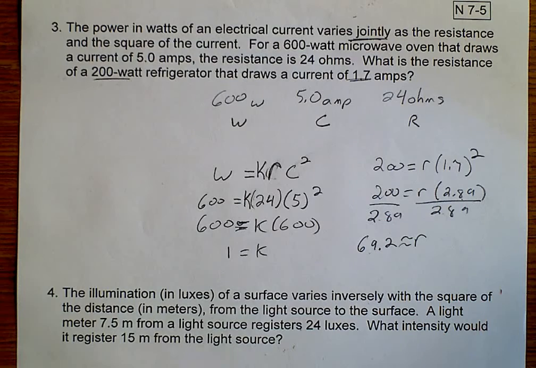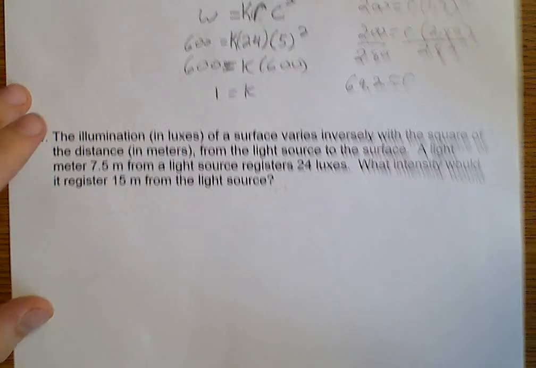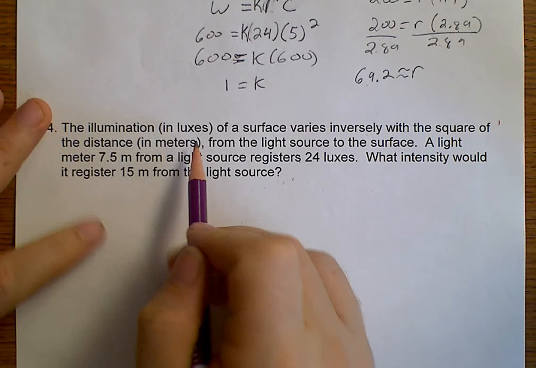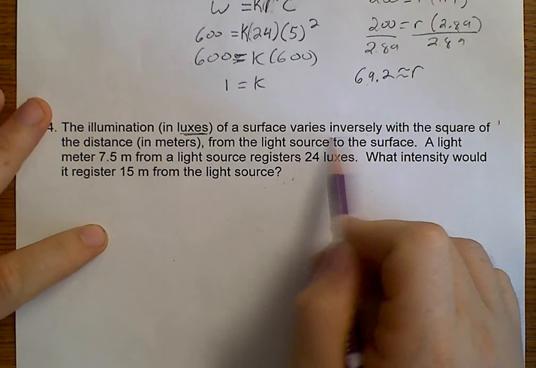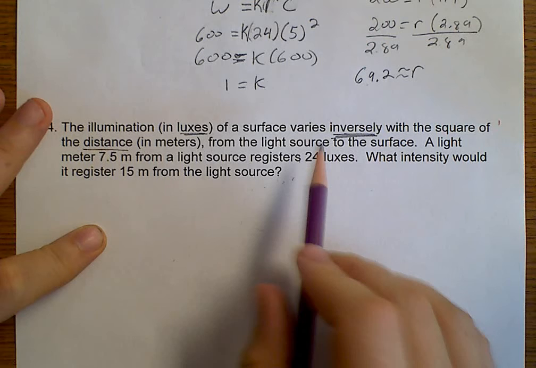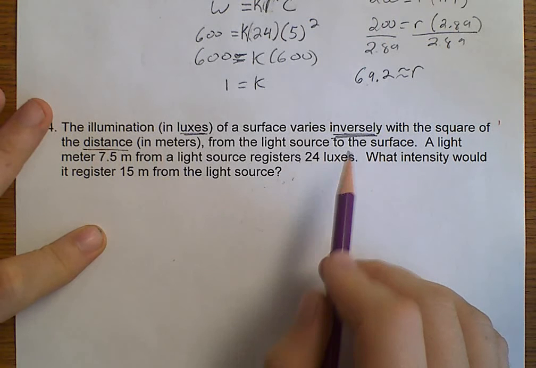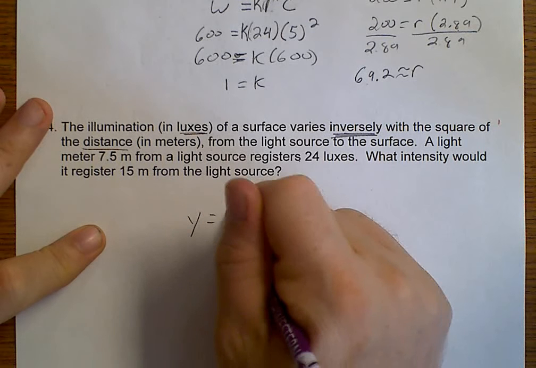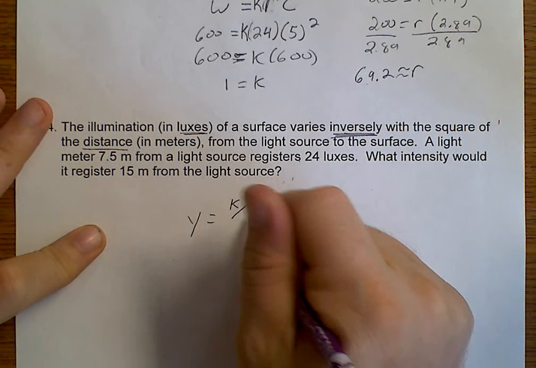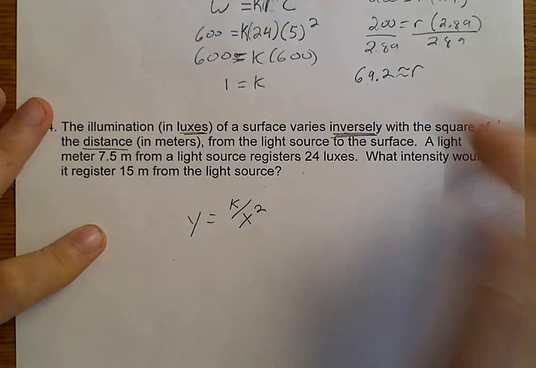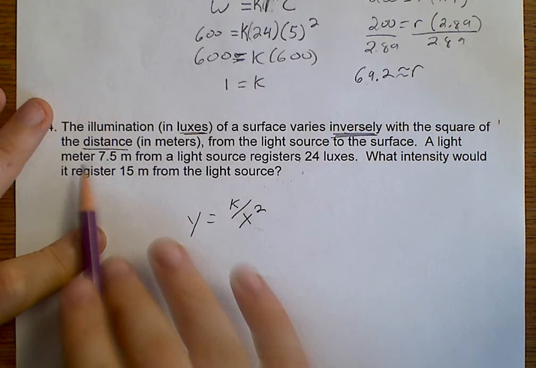And now for our last example, example number 4. Illumination in luxes varies inversely with the square of the distance from the light source to the surface. So that means that y equals k over x squared, because it varies inversely with the square of the distance.